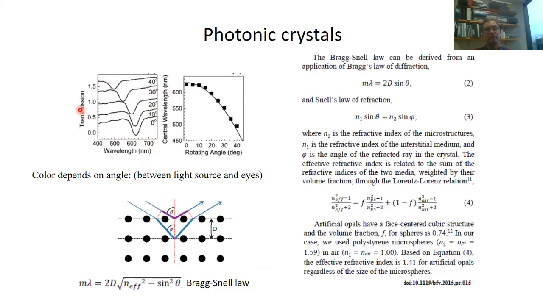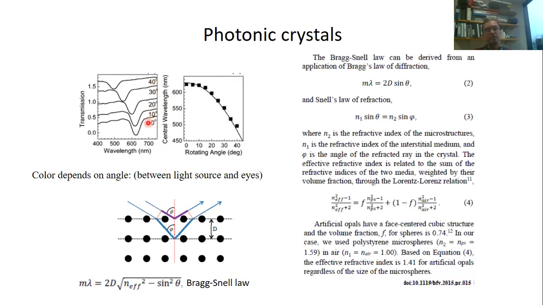Here you have the transmission as a function of the wavelength under different tilting angles, and you see that under different angles theta, you will observe wavelengths of different light.